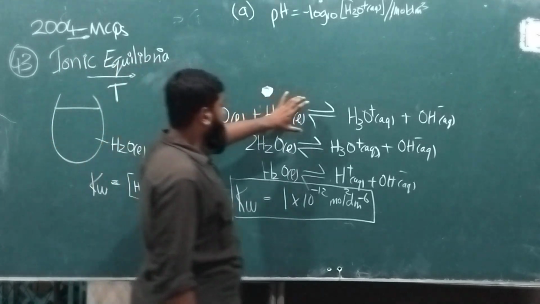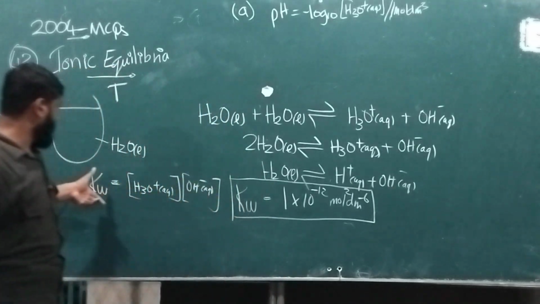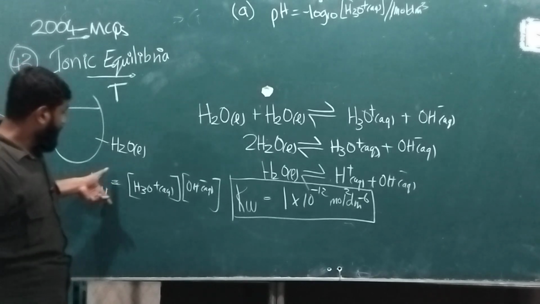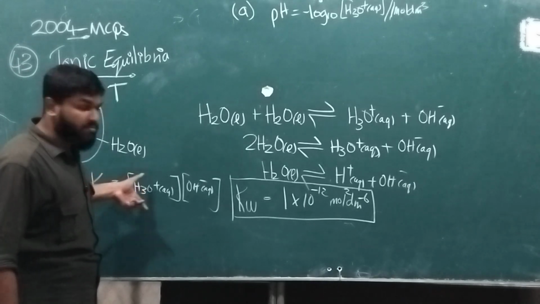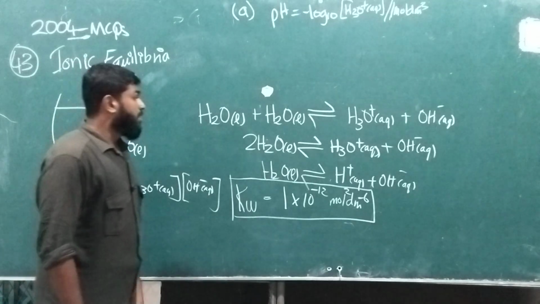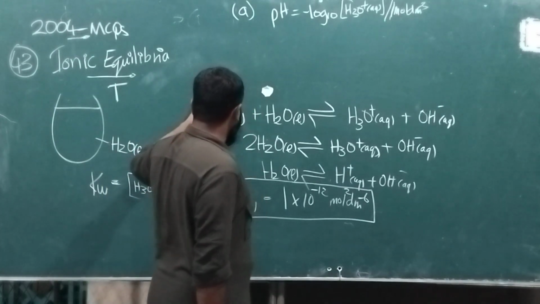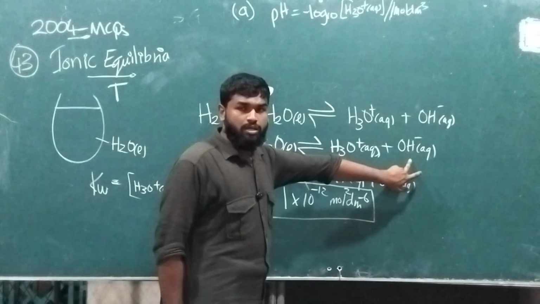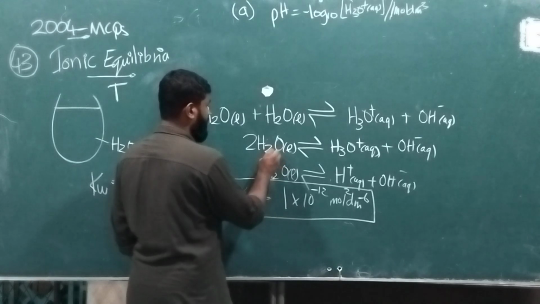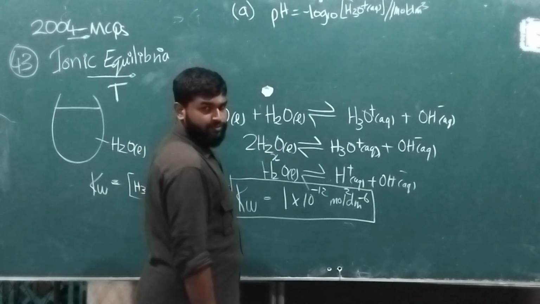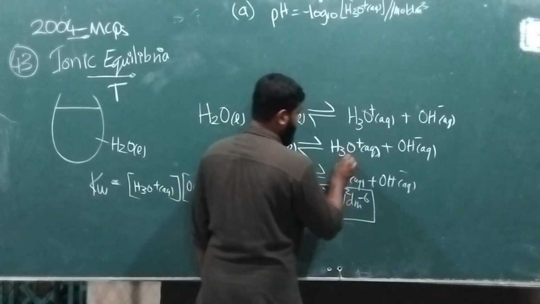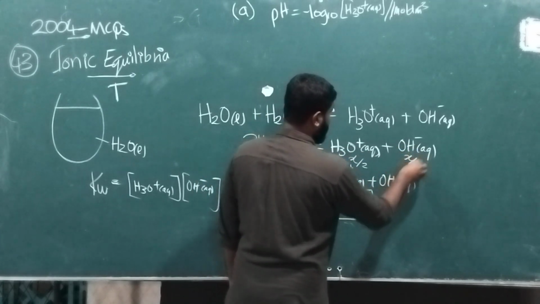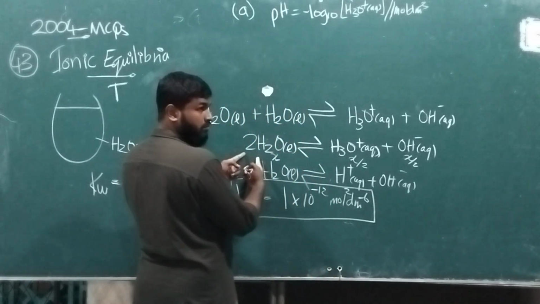Now once you write the ionic product of pure water, you are going to have the same ratio. Why? Because the amount of X formed here will be equally distributed to the OH minus. Let's say if X mole has been dissociated, you will get X by 2 here and X by 2 there.